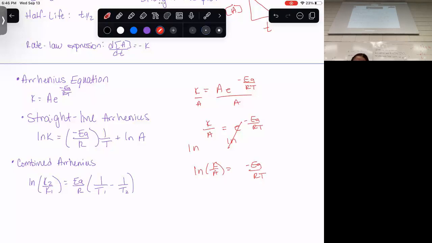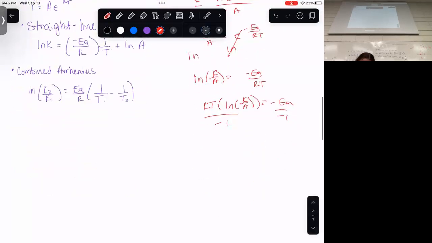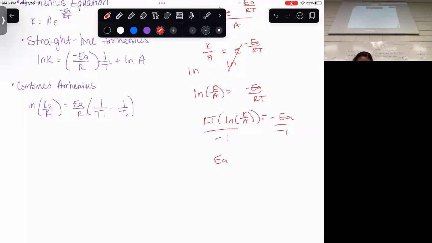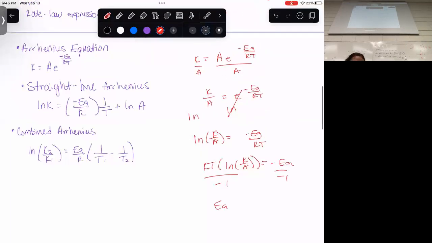And so if we're solving for EA, then you could say you have RT times the ln of K over A is equal to negative EA divided by negative 1. So you don't have to use log, you can use ln. Yep. If you use log here to cancel out the e, it won't work.